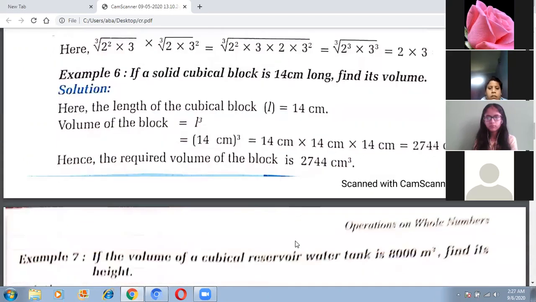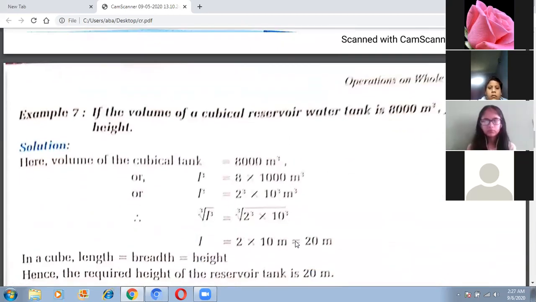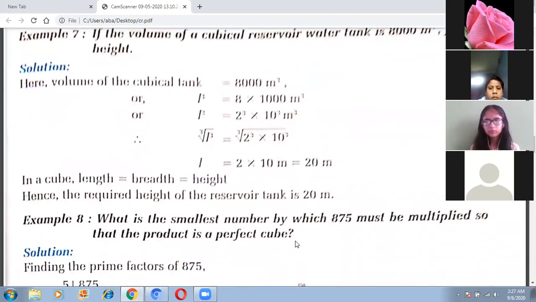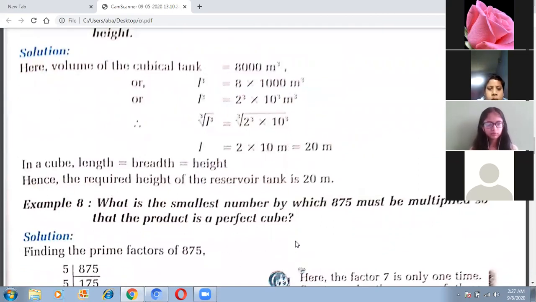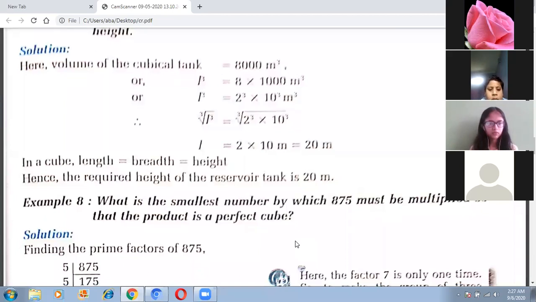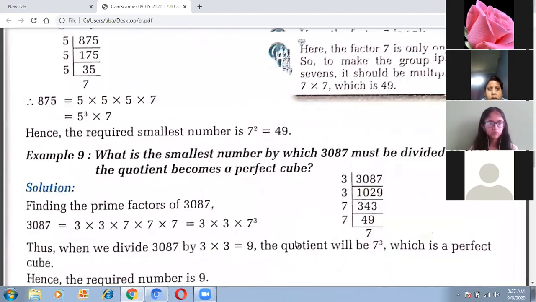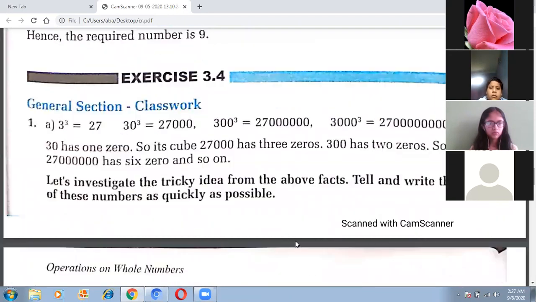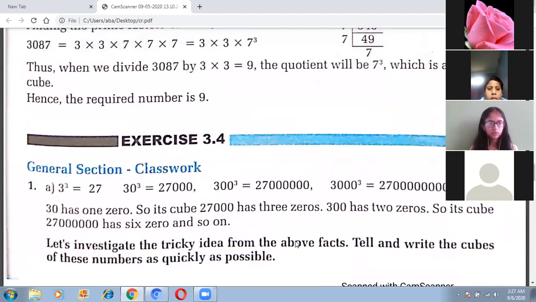This is also example. Okay, there are some questions in your book. Let's see this. Exercise 3.4 general section.